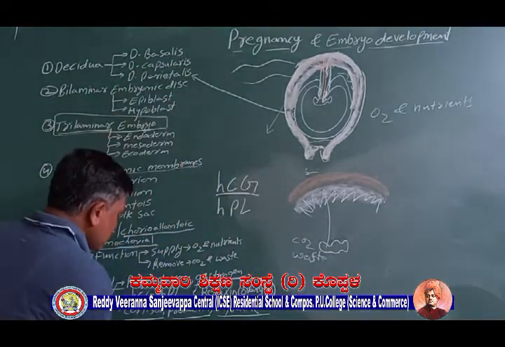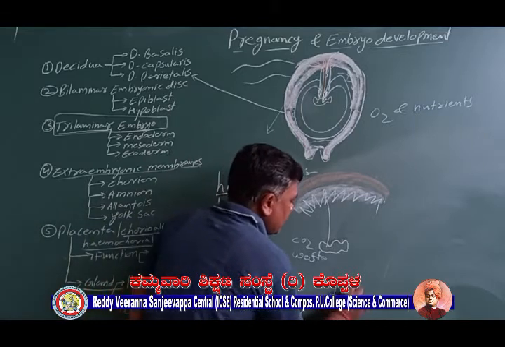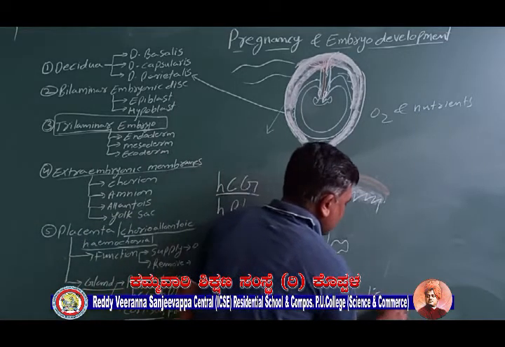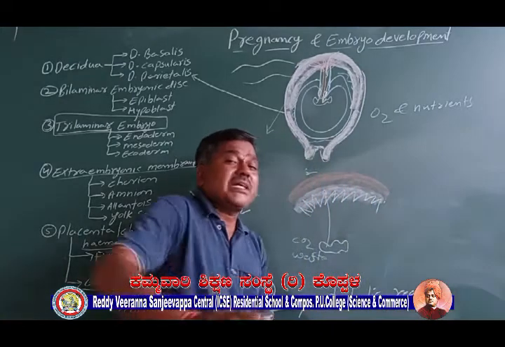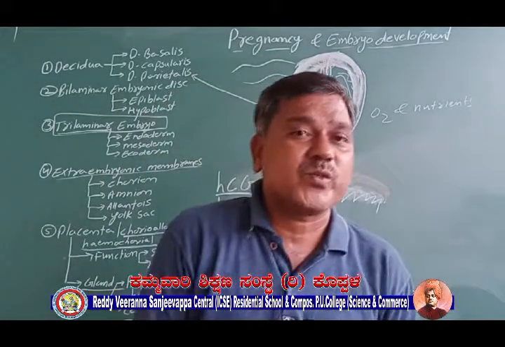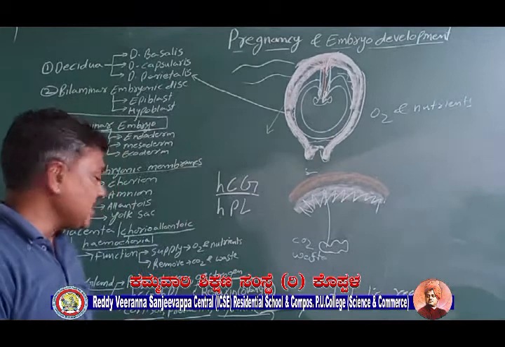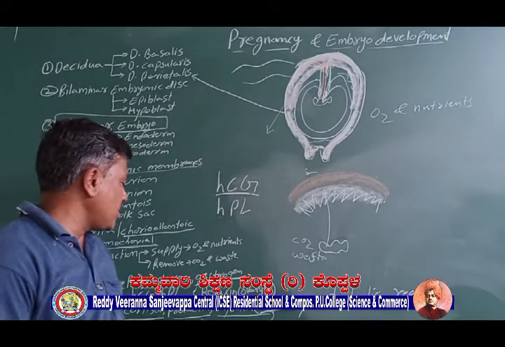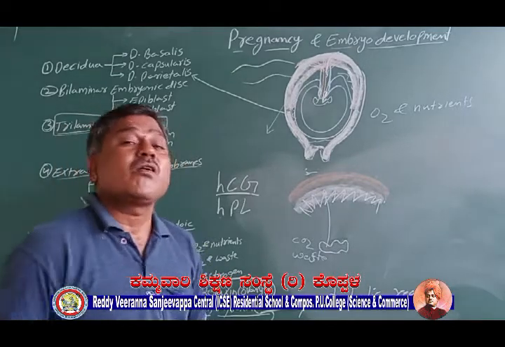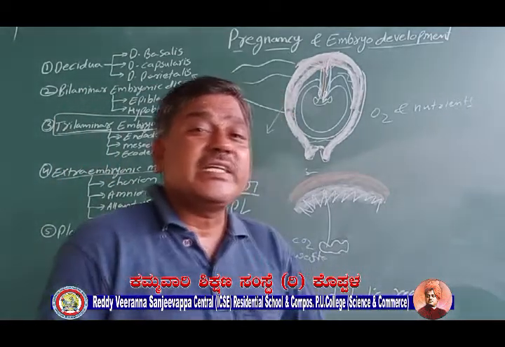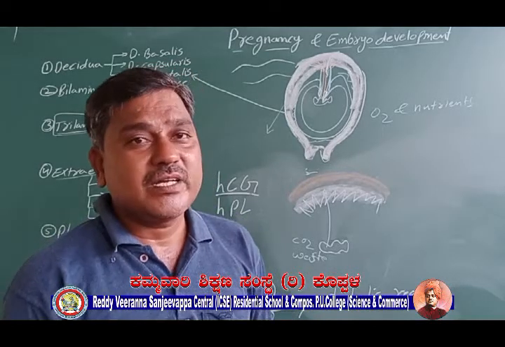These three hormones are produced for metabolic reactions, to increase the metabolism of the mother and fetus. So the concentration of these three hormones in the mother's body increases during pregnancy for metabolic reactions.